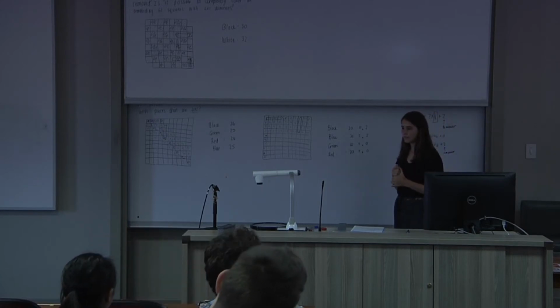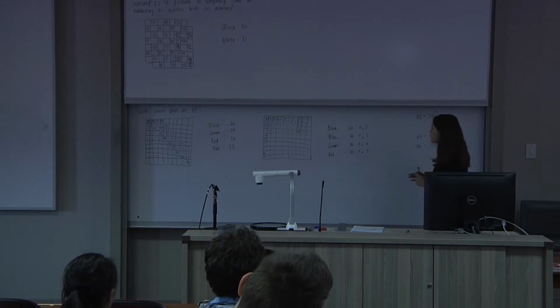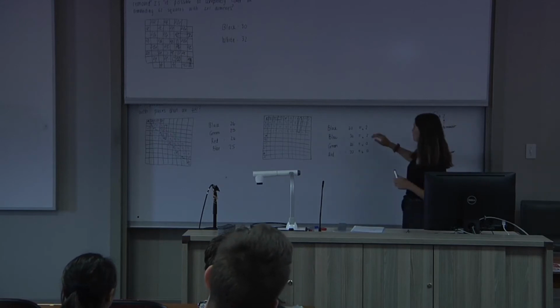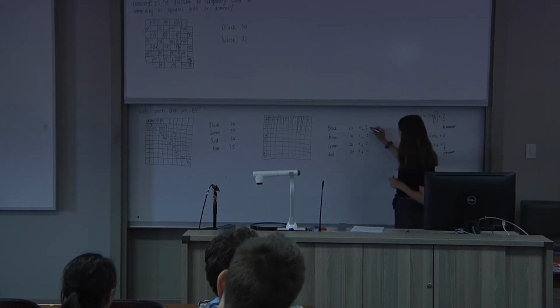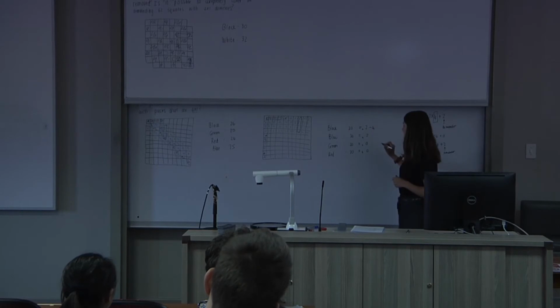Right. So a rule with modular arithmetic is if you change something by the mod that it is there, it stays the same. So if you would subtract 4 here, it would still be equal to 2 mod 4.